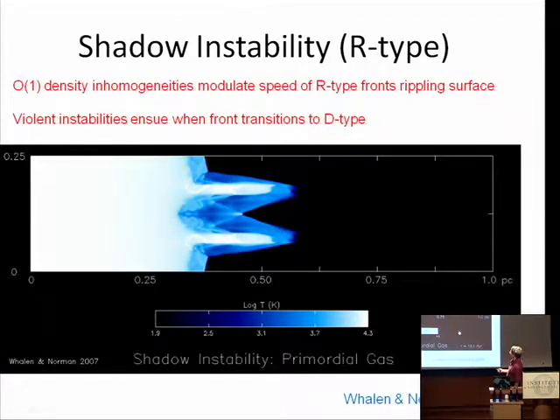So there is the shock wave from the D-type phase, and there's the ionization front. And what's happened is that little ripple has grown due to what are called thin shell instabilities and created these eruptions.